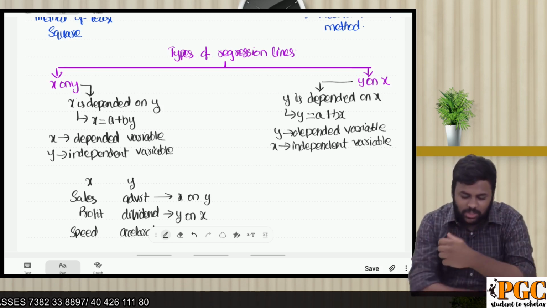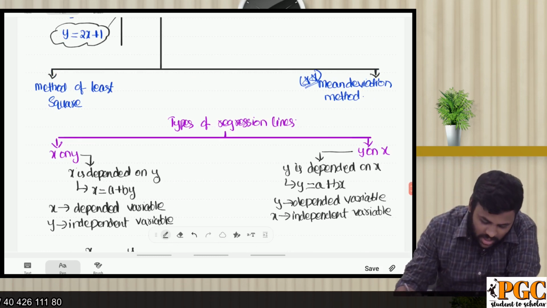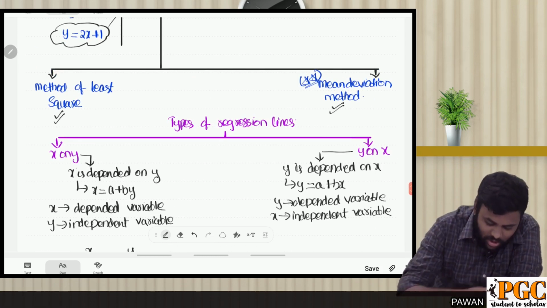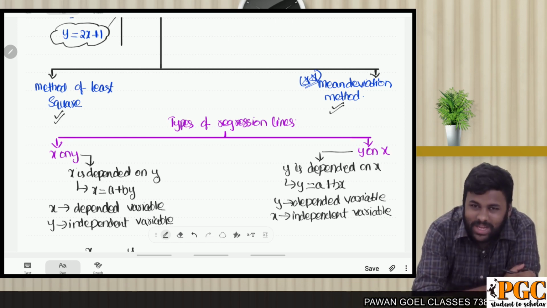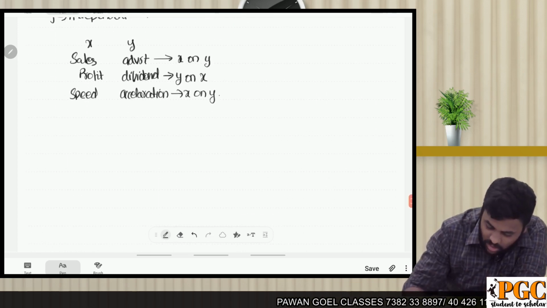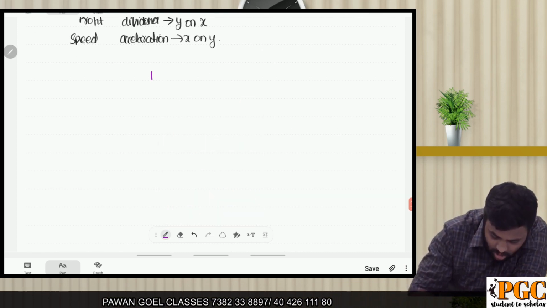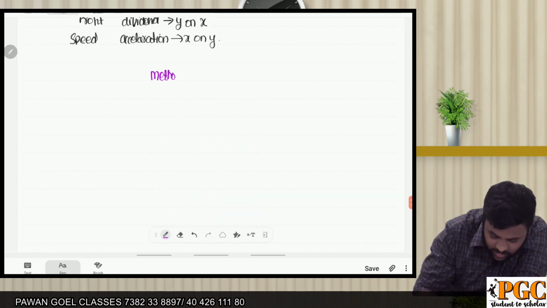Now how are we supposed to use these regression lines? We have two ways to compute the regression lines: the method of least squares and the mean deviation method. First, let us try to understand the method of least squares.